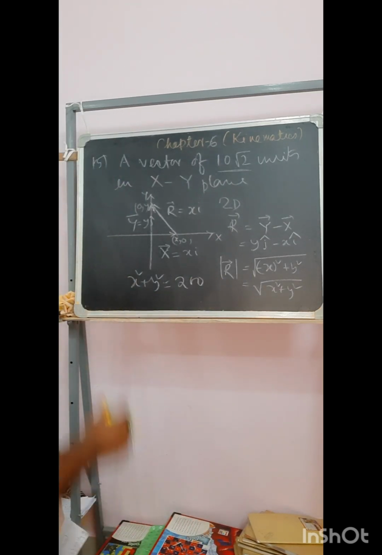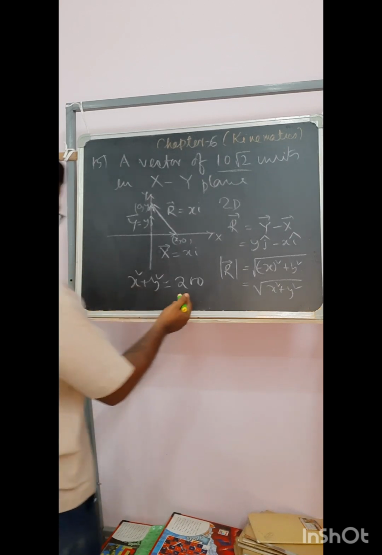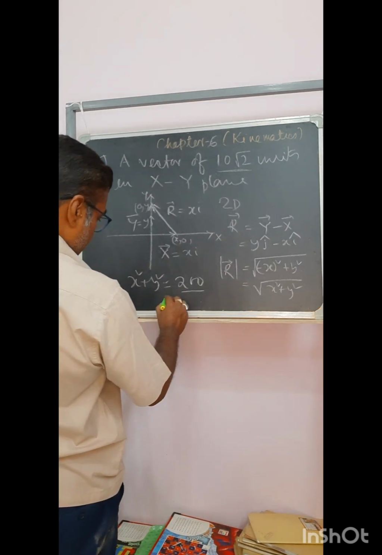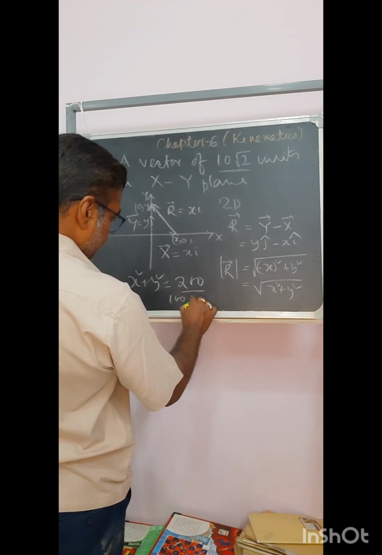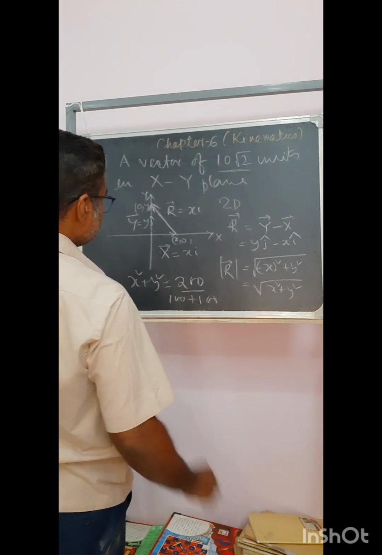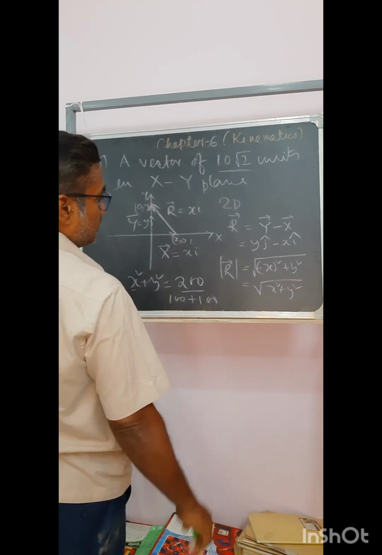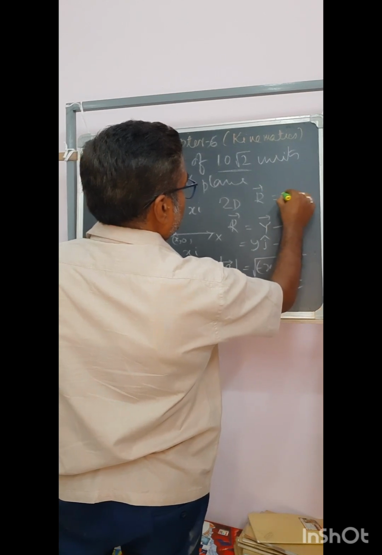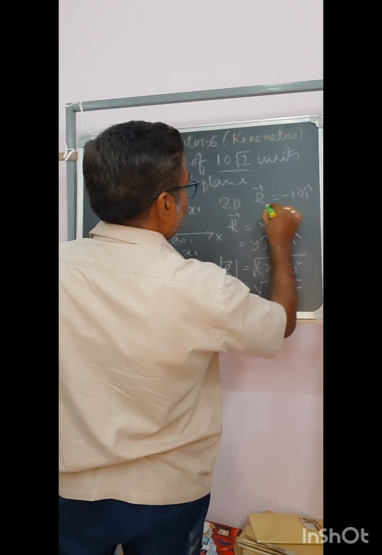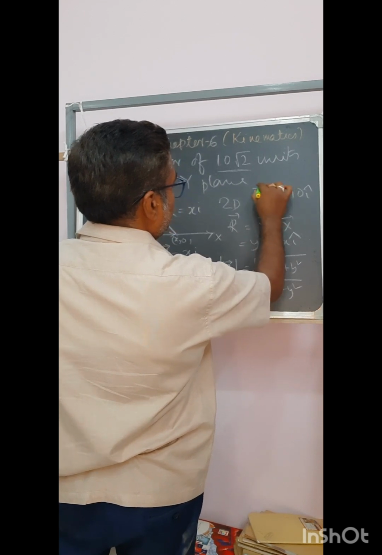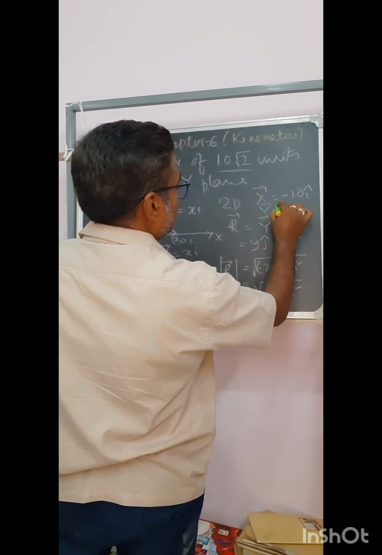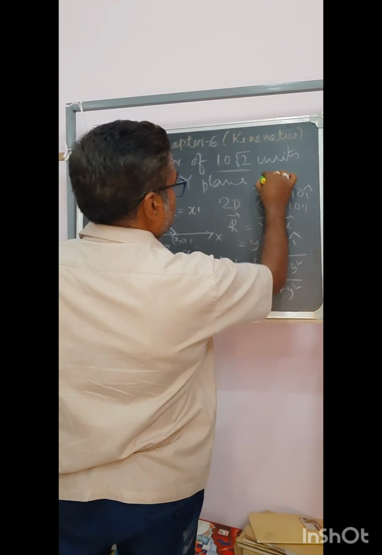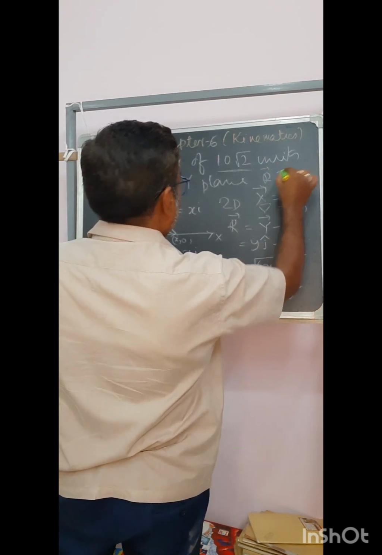So if it is 200, x square plus y square, that may be divided into so many combinations. One could be 100 and 100, both could be 100, x could be 100, y could be 100. So in that case your vector resultant will be minus 10i, means x vector will be 10i and y vector will be 10j, and your ultimate resultant will be 10.